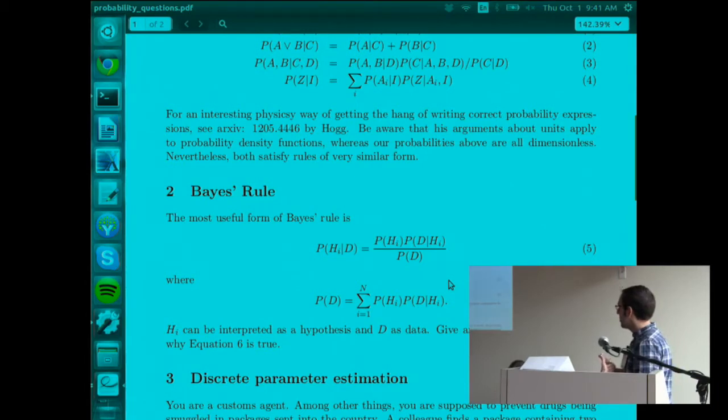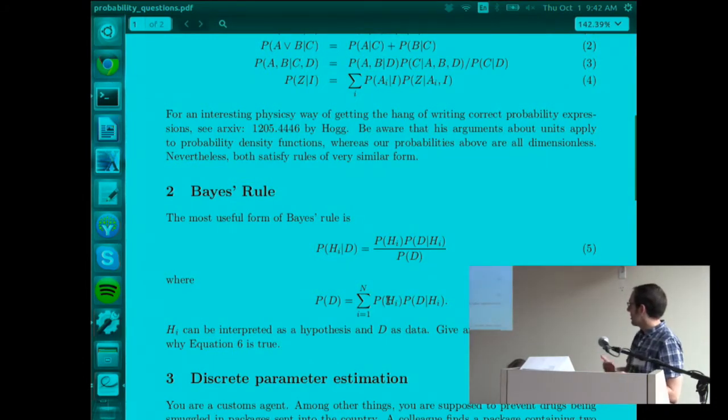So if we want to know the probability of D, the probability of getting a certain data set, and we also have these n mutually exclusive hypotheses in play, these HIs, then there are n different ways through which D could come true. It could come about via H1, in which case the probability of that is the probability of H1 times D given H1.